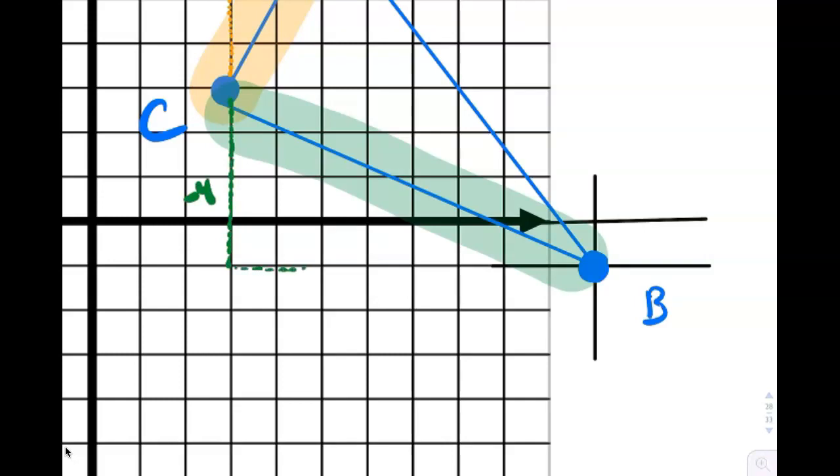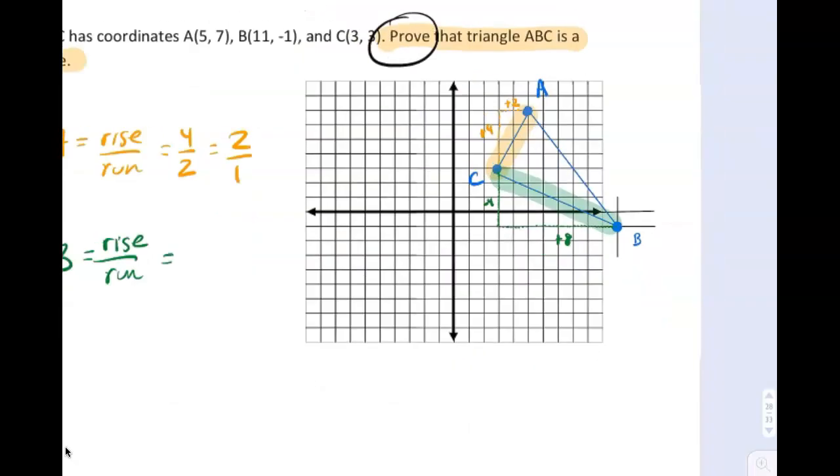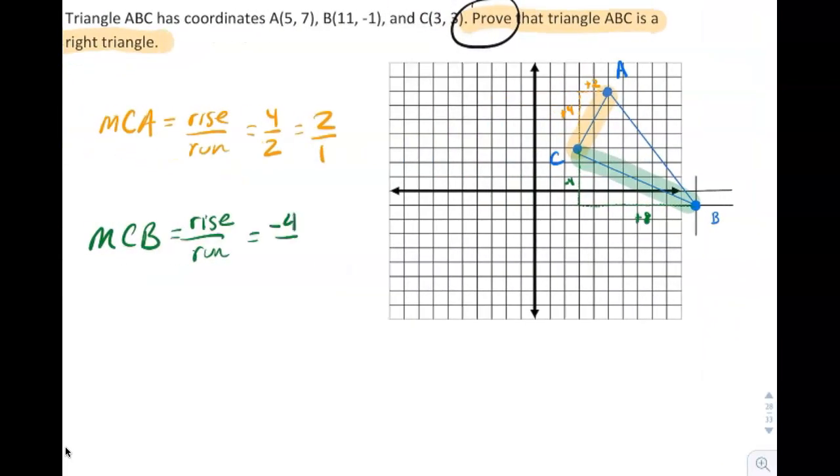And to the right 1, 2, 3, 4, 5, 6, 7, 8. So -4, +8. -4 over 8. And that reduces, 4/8 is 1/2. So -1 over 2.